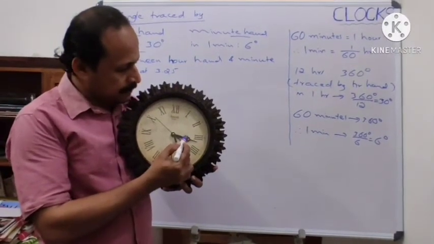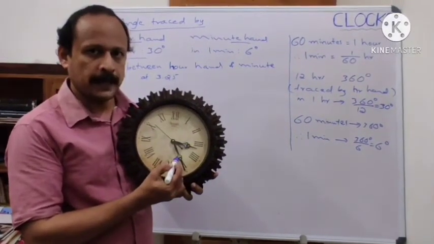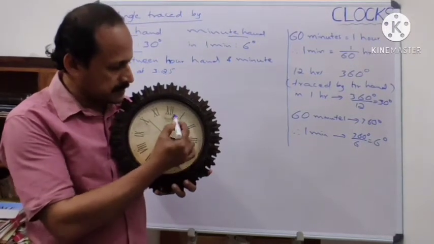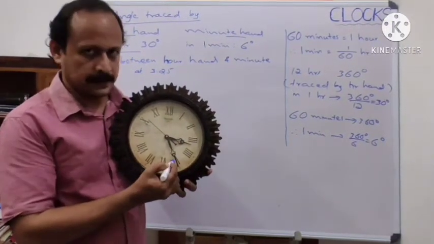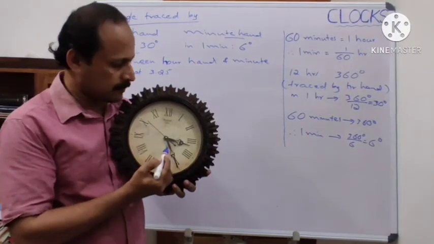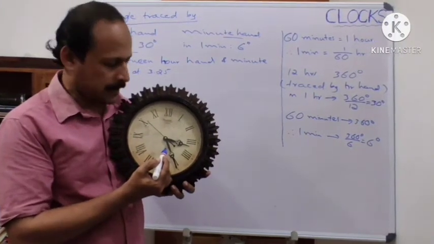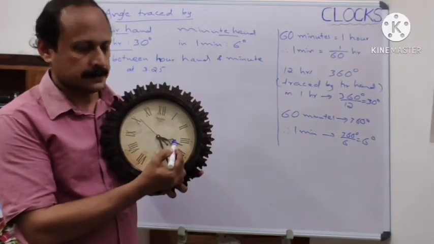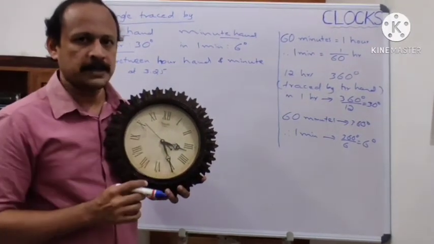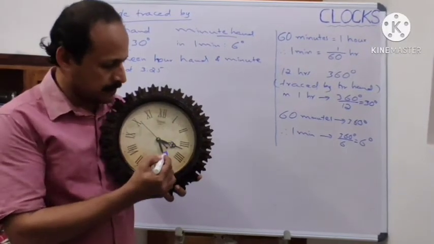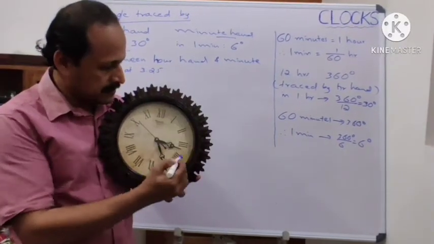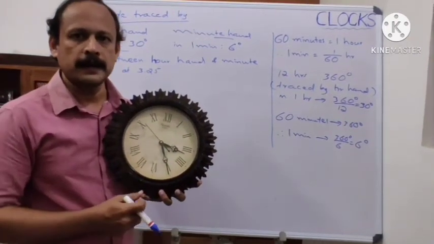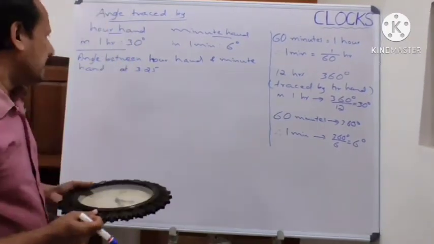Therefore, the angle between the hour hand and minute hand here is angle traced by the minute hand from 12 o'clock minus angle traced by the hour hand at this time measured from 12 o'clock. Angle between these two equal to angle traced by minute hand minus angle traced by hour hand.